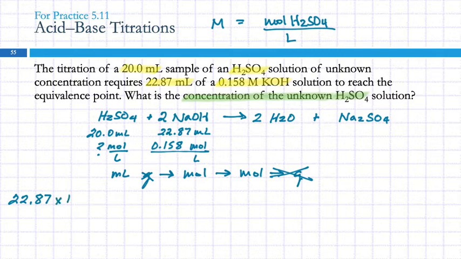Milli stands for times 10 to the what? -3. So 22.87 milliliters is 22.87 times 10 to the -3 liters. Is everybody okay with that? I just took the M, and instead of writing the abbreviation, I wrote what it represents. So that's sodium hydroxide.